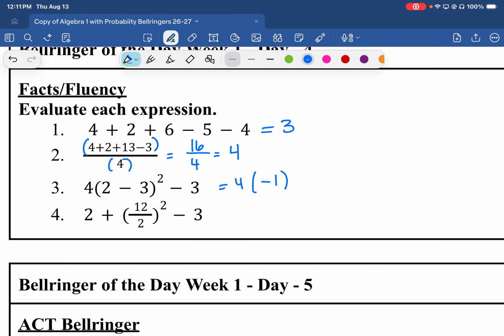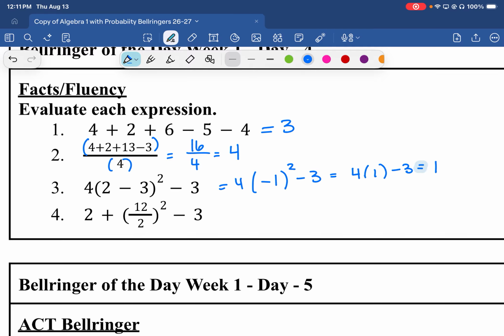We have negative 1 squared minus 3. Now what part of that do I need to deal with? The exponent. What is negative 1 squared? 1. So we have 4 times 1 minus 3. What is 4 times 1? 4. What is 4 minus 3? Okay, so the answer to that one is 1.